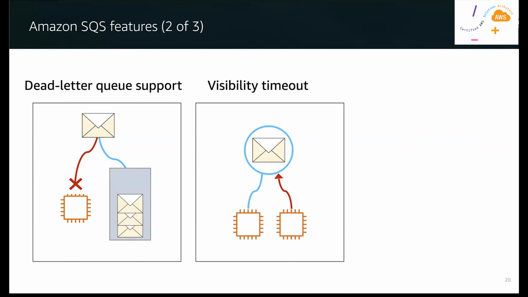The second feature is the visibility timeout. You can specify how much time each message should remain unprocessed in the queue. And after that time expires, for example 5 minutes, if the PDF has never been processed, you can place it in a dead letter queue, ignore it totally, or delete it from the queue.